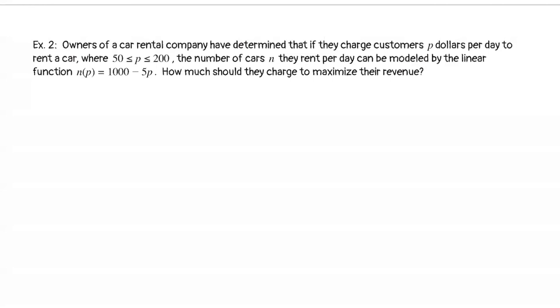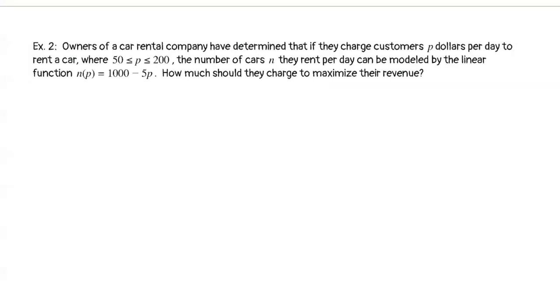If you charge this amount of money, you will actually have the most income. It could be that you have the most amount of people who are willing to pay that amount.